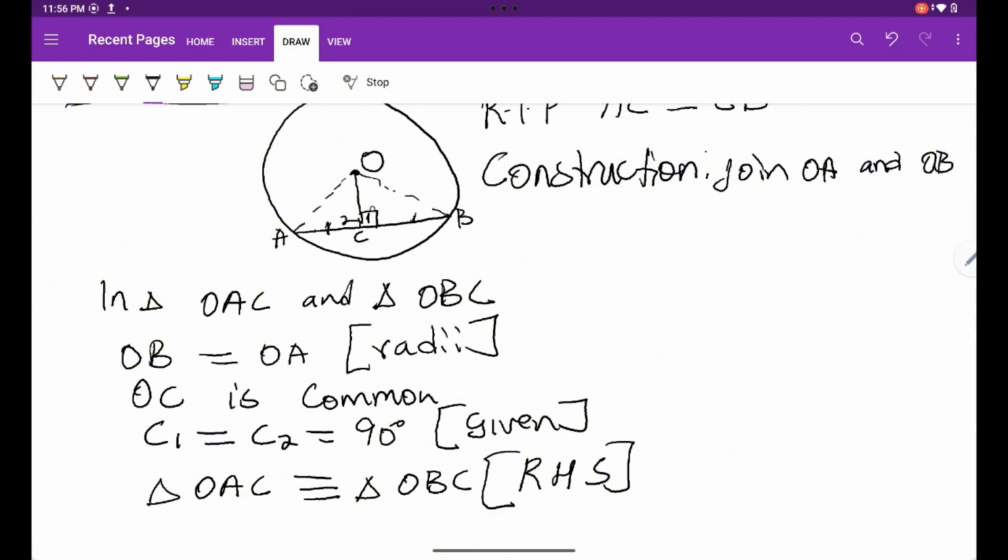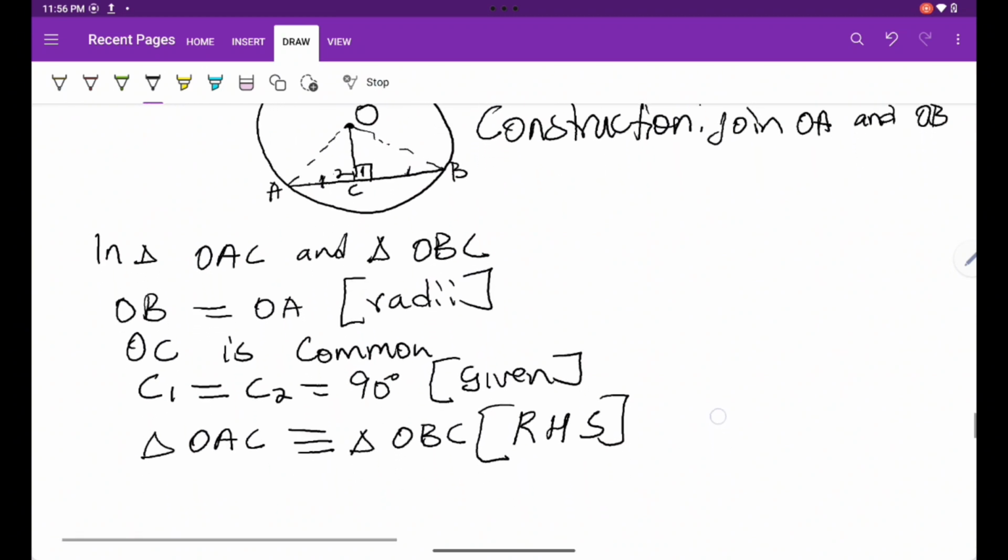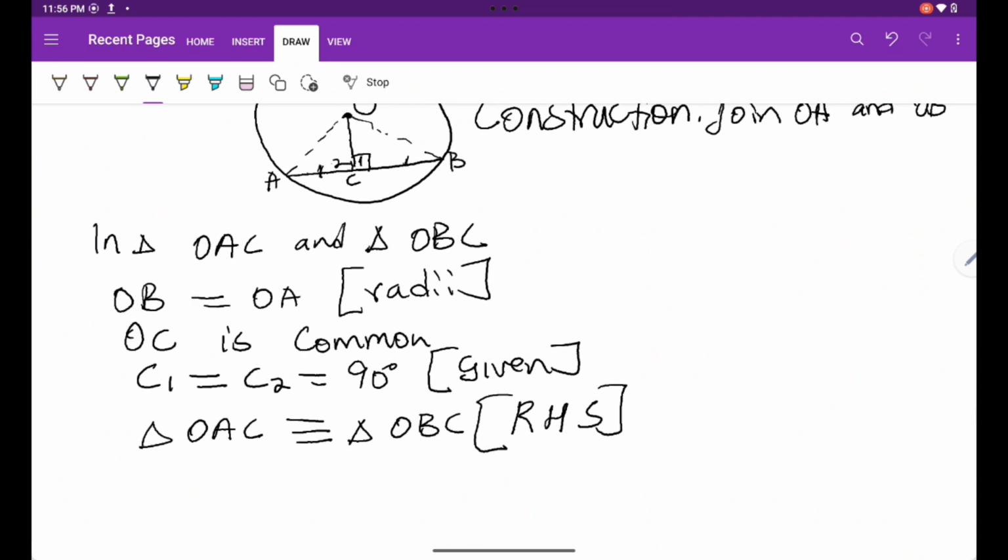Both triangles have right angles, the hypotenuses of the two triangles are equal, and we have a common side. So the two triangles are congruent. Our reason for congruency will be right angle, hypotenuse, side. Now, if the two triangles are congruent, all other corresponding angles and sides are equal, meaning AC equals CB. And that brings us to the conclusion of our theorem.